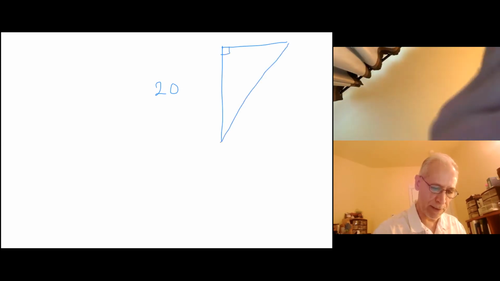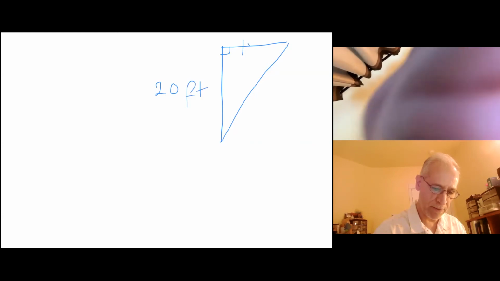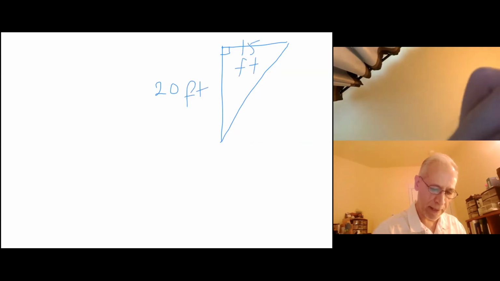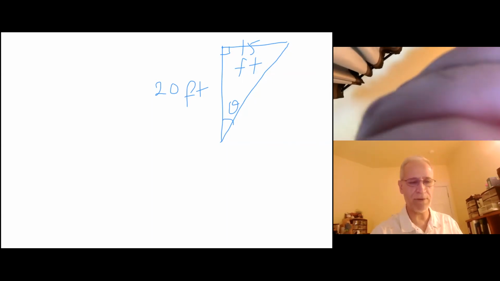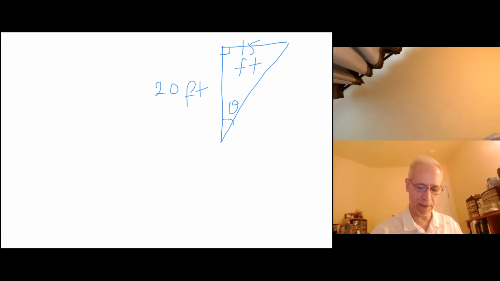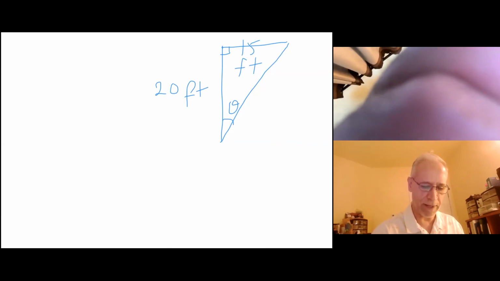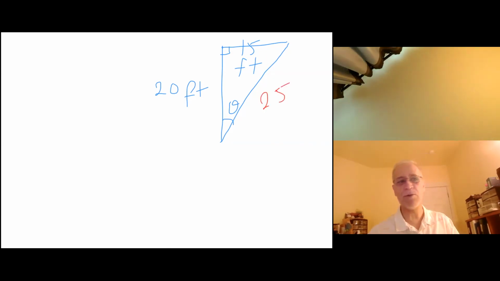So this is 20 feet, this is 15 feet, and here's my theta. This is one of the right triangles that we encounter very often. If you have one side 15, one 20, the other one must be 25. Or you could just use a squared plus b squared equals c squared.